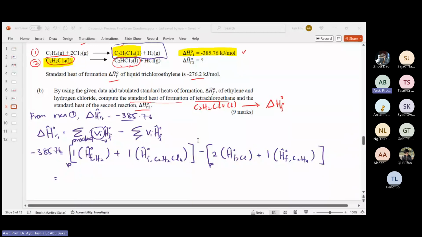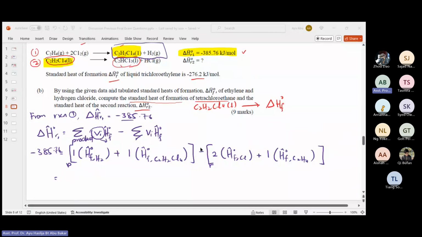Okay, let's see if you have the heat of formation. Everyone refer to the heat of formation. I cannot share the full screen, I can only share the window. So refer to your own properties table, Table B1, where you find the heat of formation for each substance.